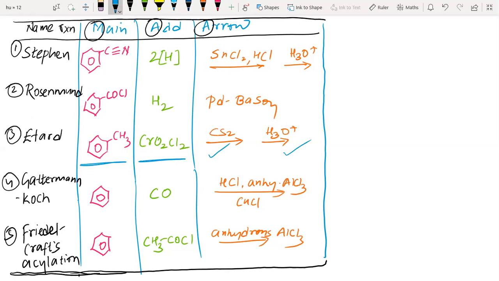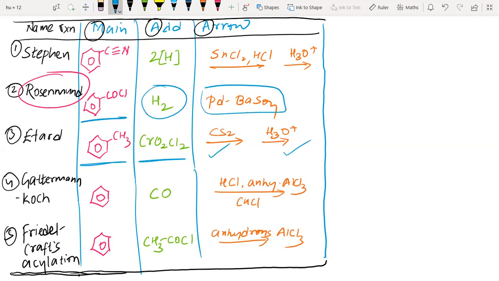The main reason behind this formula is that whenever Rosenmund comes, what is important is to know the main material, benzoyl chloride, what we add, and what is there on the arrow.